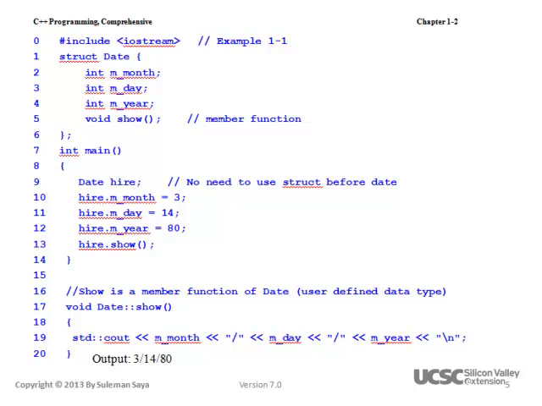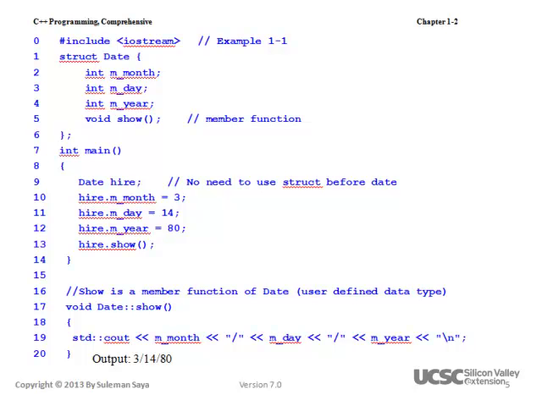So let's look at what is happening at line number 10. Since month is a data member of the structure date, I have to use a dot operator, and I hope you know what the dot operator is. The dot operator allows us to have access to the members of a structure.